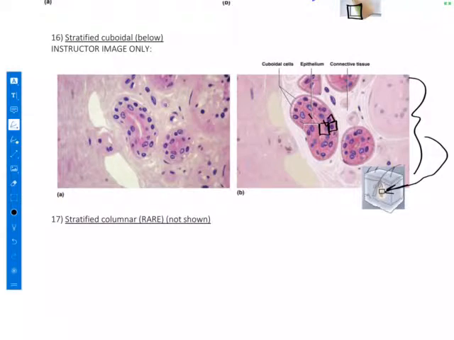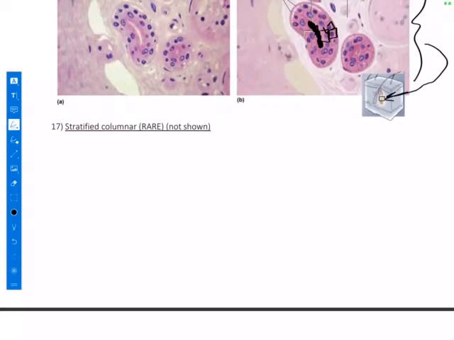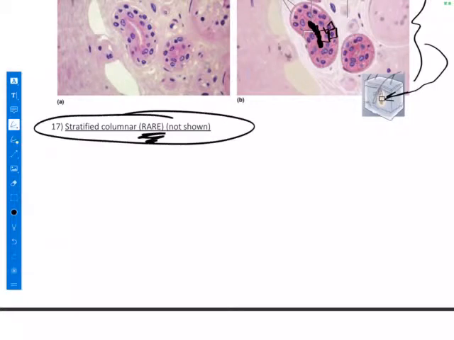And this area right here that I'm scribbling in, this would be the lumen of that sweat gland duct. Okay, so we're not even going to look at a picture of the stratified columnar epithelium because it's so rare. So you want to remember that you don't need to know about that one because there are too many examples in the body.